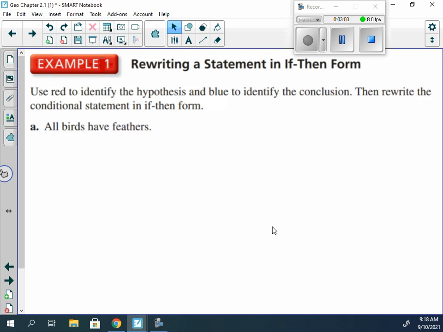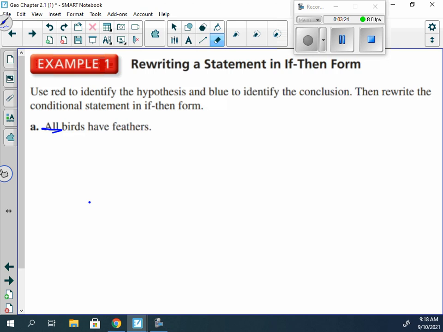So we're going to use red and blue. I can use red and blue, but it's going to be a little bit harder for you all to do that. So we can underline and circle. So when we look at this here, to identify the hypothesis and conclusion, and then rewrite it in if-then form, what's our hypothesis?